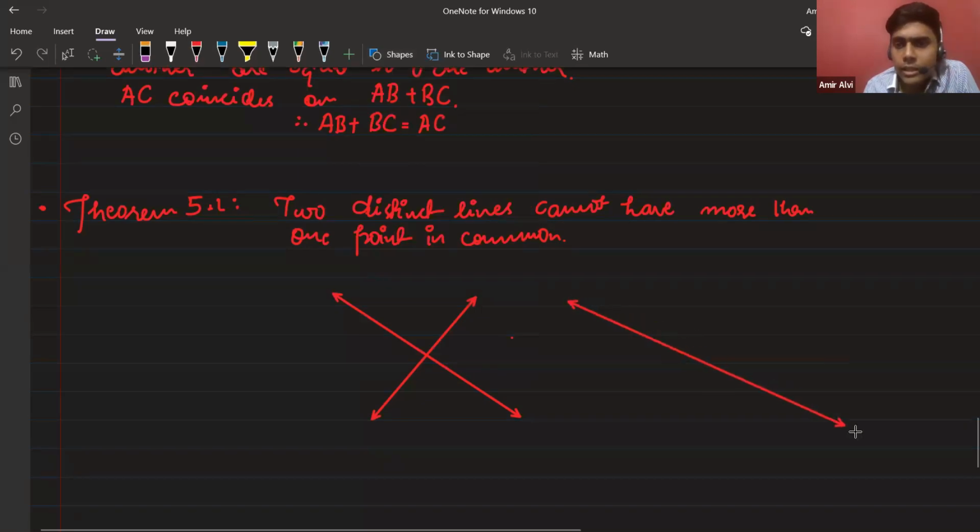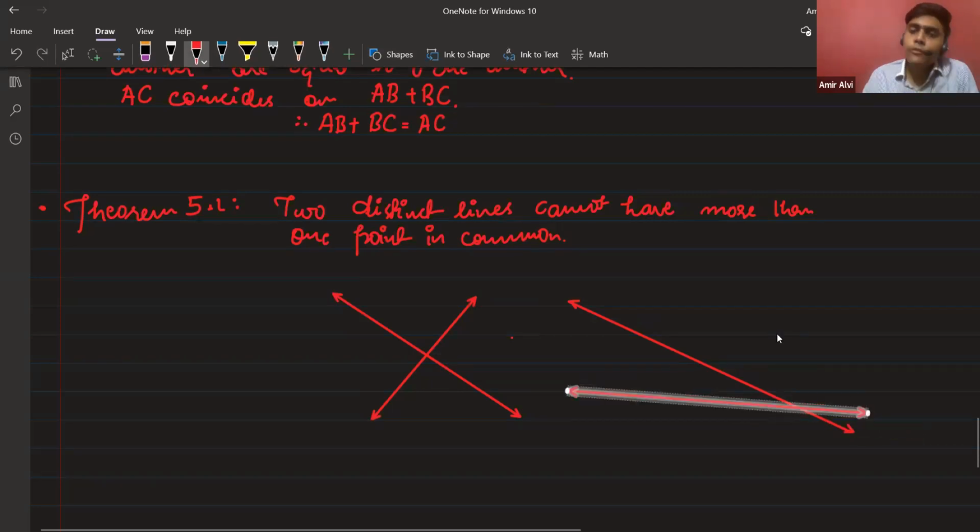This is the line, suppose, and this is the line here. Is there any point which is common to another after one point? No. So there can be only one common point of two distinct lines. Okay, so that's the theorem.